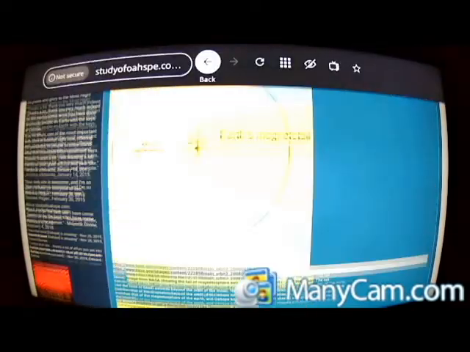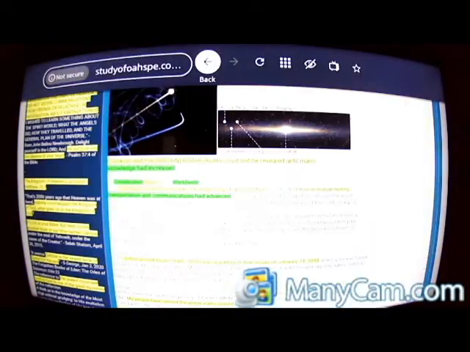Today's subject will be the Earth's magnetosphere vortex. Now, I'm on my home page of studyofOahspe.com and scrolling up to the top of the page.